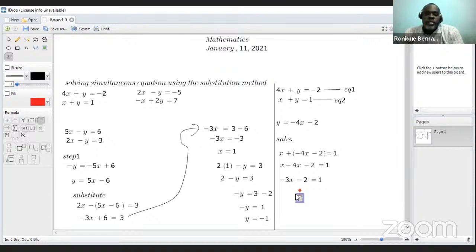Exactly. Thank you, Tasha. So negative 3x then must equal 3.